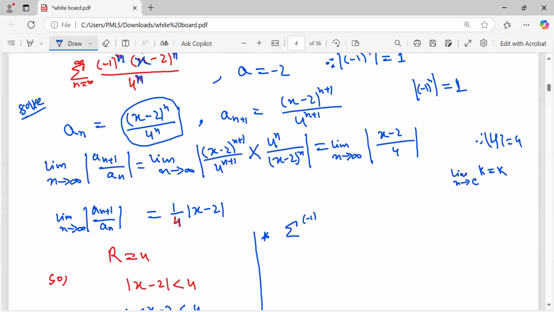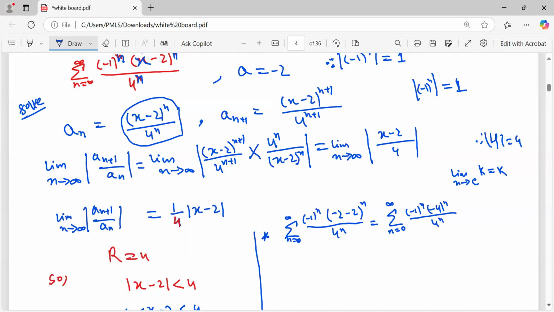It will be the sum of minus 1 raised to power n, n from 0 to infinity, with x equal to minus 2, so minus 2 raised to power n over 4 raised to power n. In this case, it becomes the sum from n equals 0 to infinity of minus 1 raised to power n, and this becomes minus 4 raised to power n over 4 raised to power n.